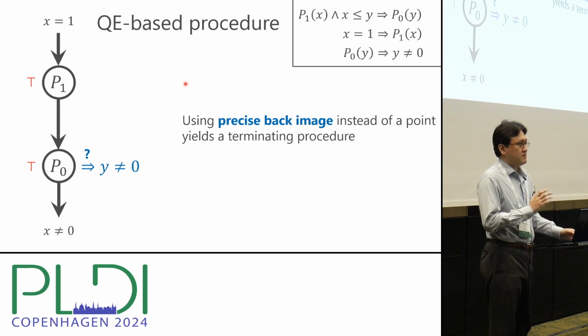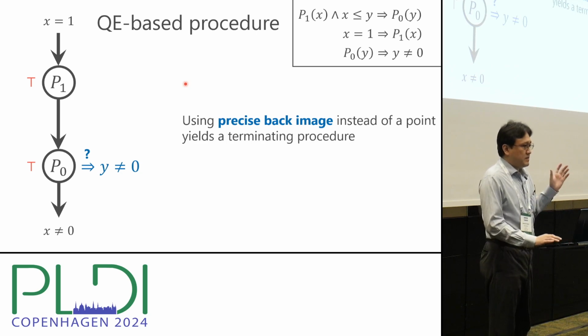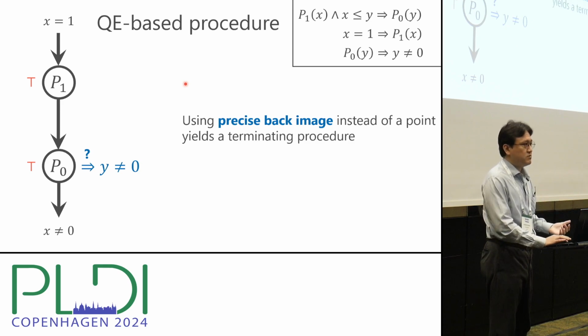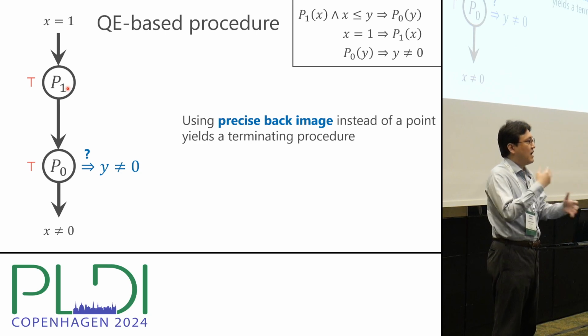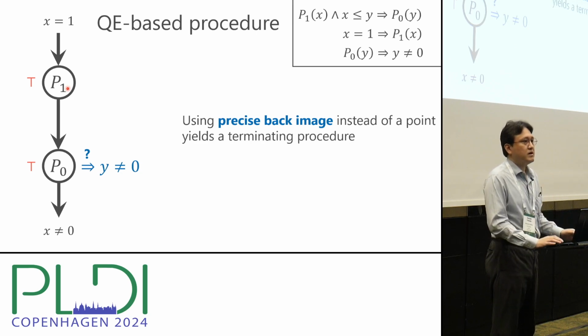The reason for the divergence in the previous scenario is that the back image of this point along this arrow has infinitely many points. So removing points one by one does not terminate in general.